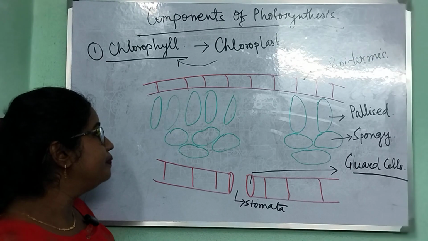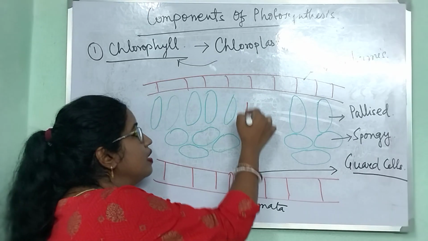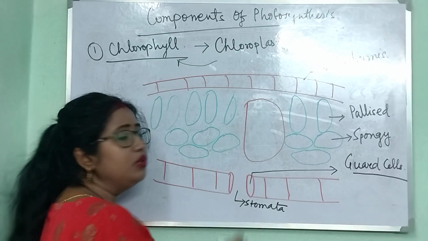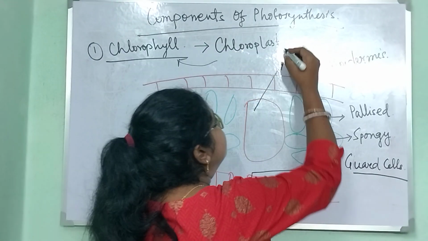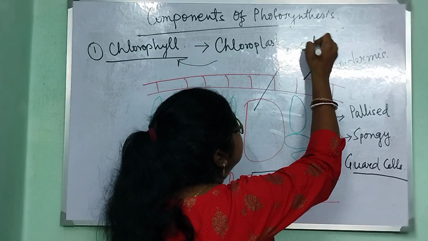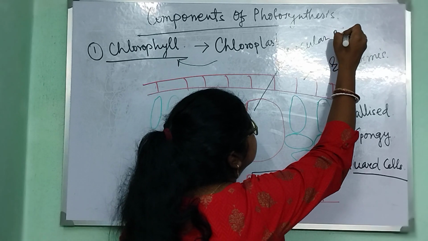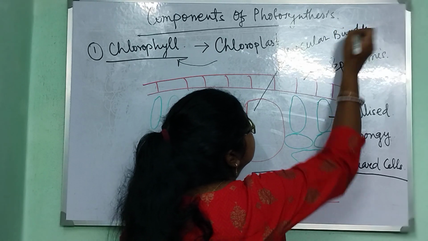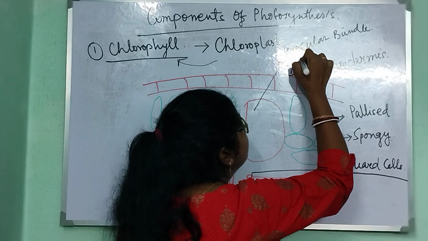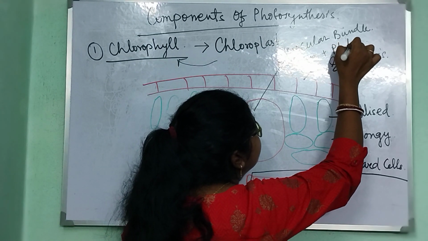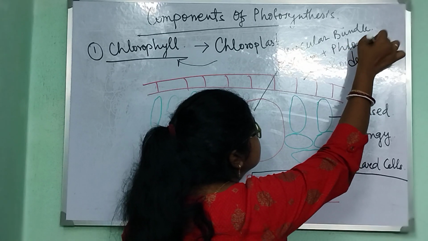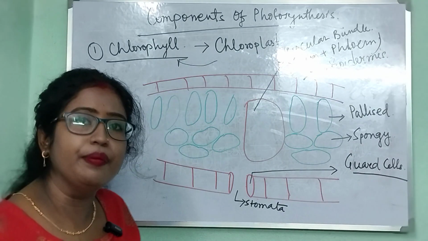In the center is the vascular bundle, which means the composition of xylem and phloem cells. Okay, the xylem and phloem.